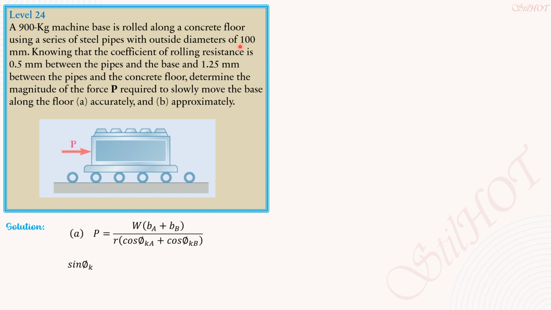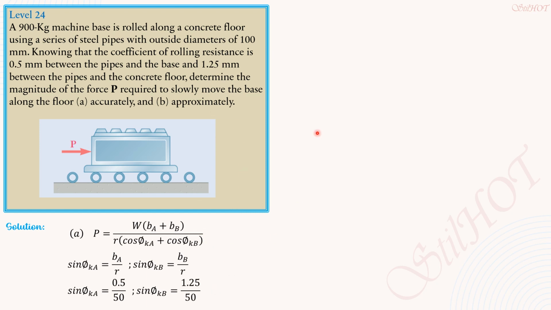So sine of phi sub Ka equals B sub A over R, and sine of phi sub Kb equals B sub B over R. Sine phi sub Ka equals 0.5 mm over 50 mm, half of 100 mm. Sine phi sub Kb equals 1.25 mm, B sub B, over 50 mm.